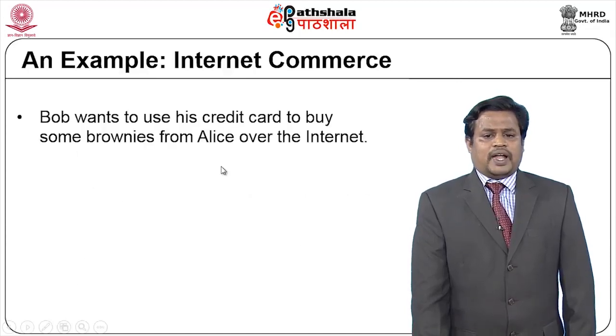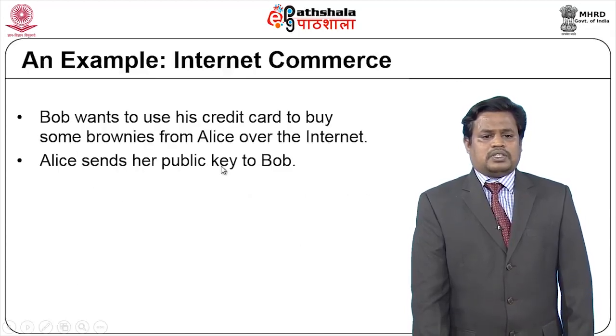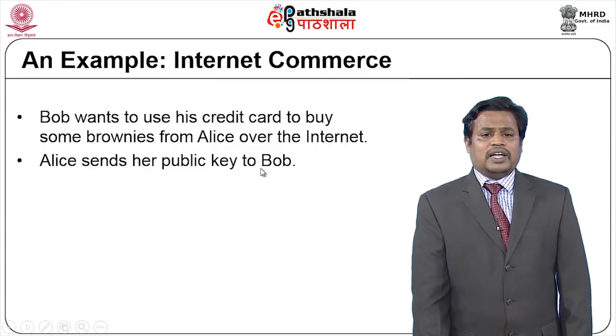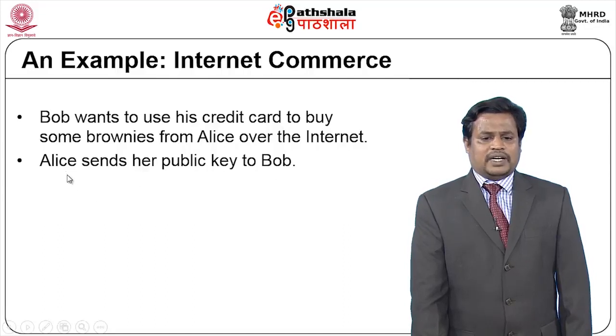Now, internet commerce. Suppose Bob wants to use a credit card to buy some brownies from Alice over the internet. So, now the situation is related to how we deal with day to day life. For example, I want to buy some information. First, Bob wants to use a credit card to buy some brownies over the internet.